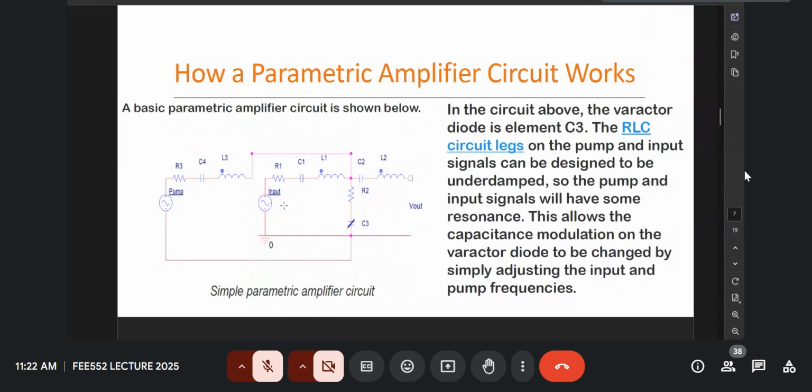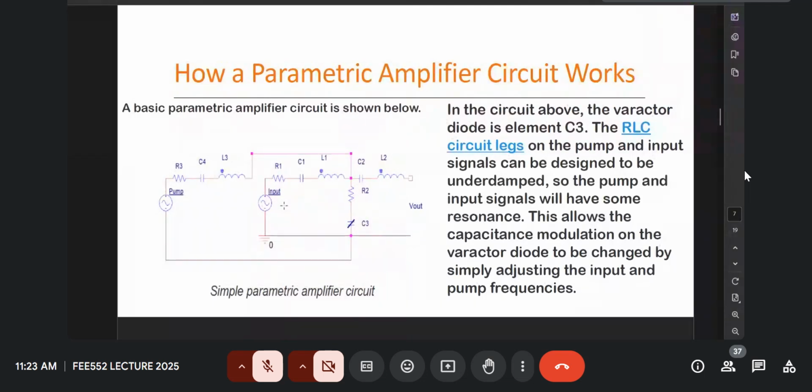The RLC circuit legs on the pump and the input signal can be designed to be underdamped, so the pump and input signal will have some resonance. We design the RLC components of the pump section and the input section to be underdamped so that we can achieve resonance.